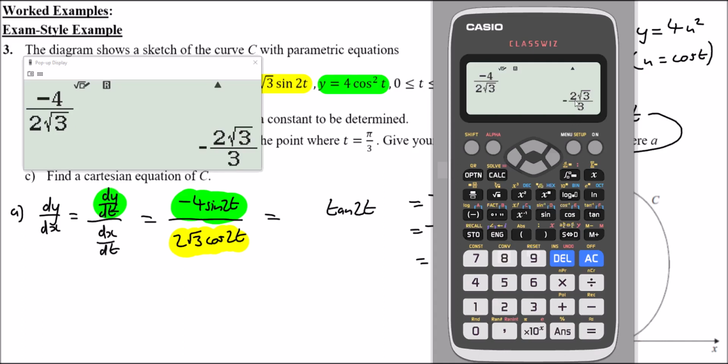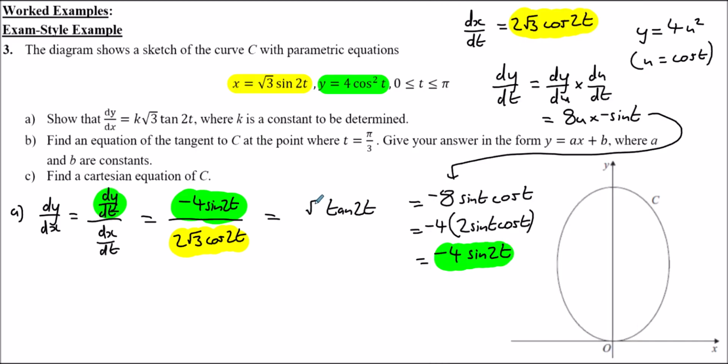So I'm going to write this as minus 2/3 root 3, like so. So that's what dy by dx is, where k is a constant to be found. Not that we're actually asked to state what the constant is, but if we wanted to say what it is, k is minus 2/3.